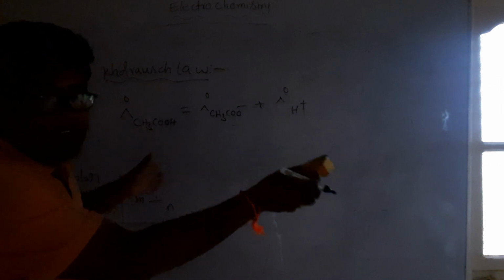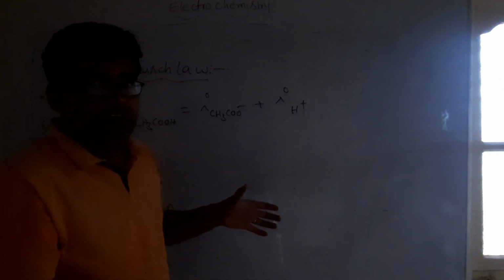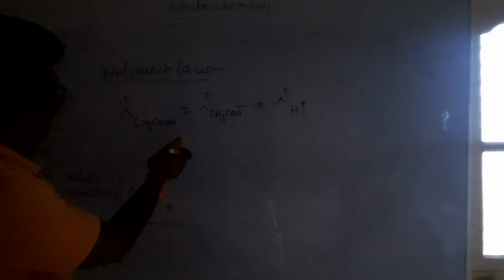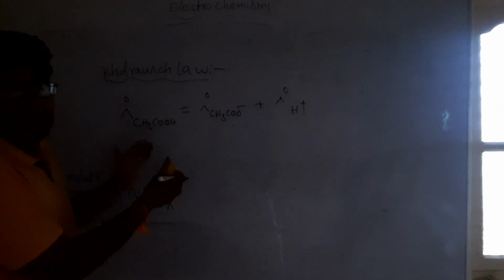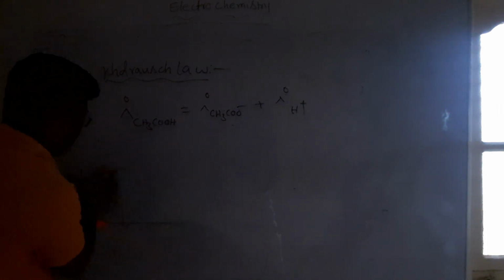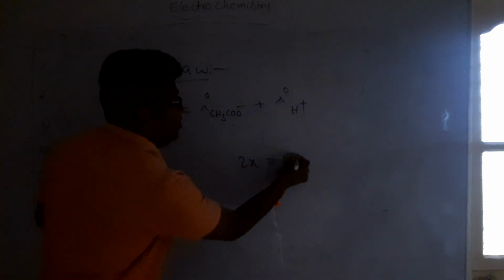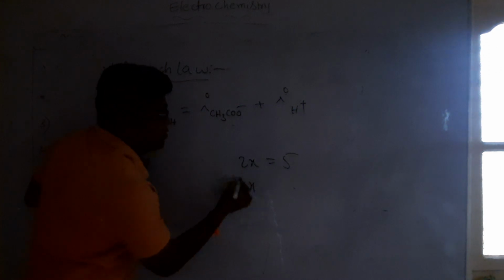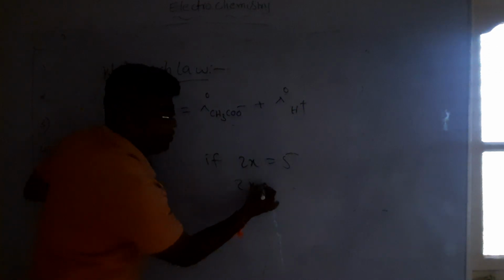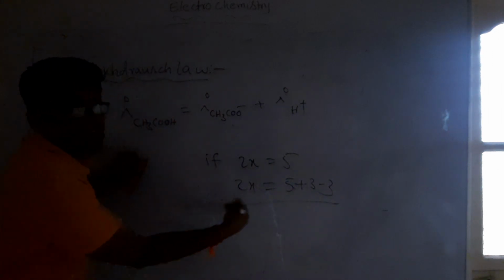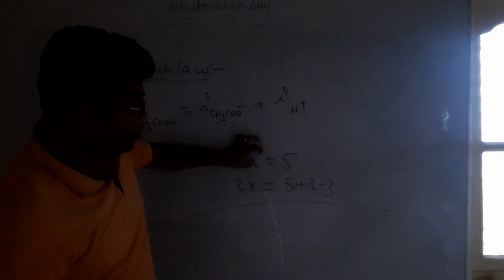When you split the ions or take them in combination, both are equal, like that he said. Now only observe that 2x equals 5, we can write 2x equals 5 plus 3 minus 3, nothing wrong, both are the same.